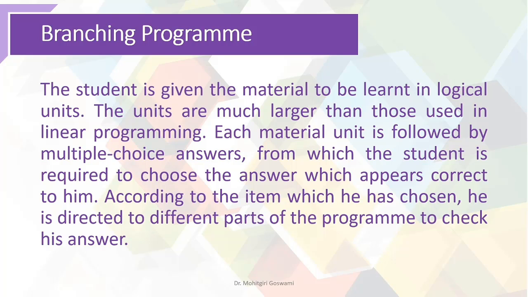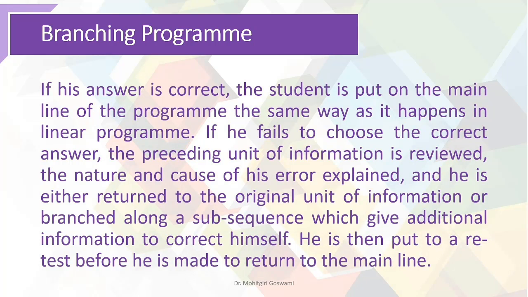Each material unit is followed by multiple choice answers, from which the student is required to choose the answer which appears correct to him. According to the item which he has chosen, he is directed to different parts of the program to check his answer. If his answer is correct, the student is put on the main line of the program the same way as it happens in the linear program.